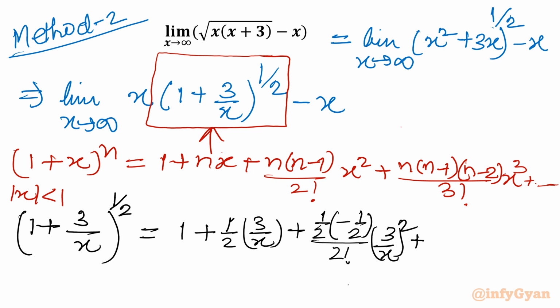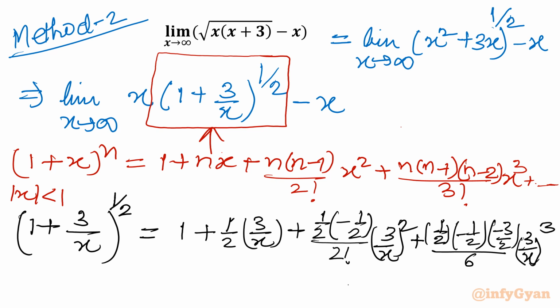Next term: half, minus half, n minus 2 is minus 3 by 2, over 3 factorial, which is 6, into x cube, that would be (3 over x) whole cube or 27 over x cube, plus dot dot dot.